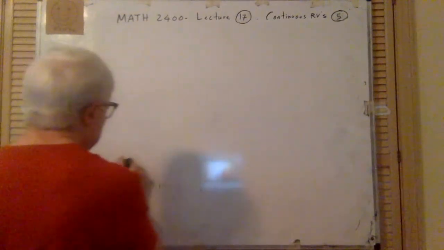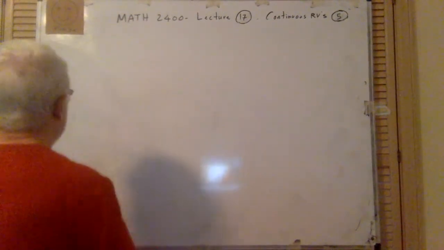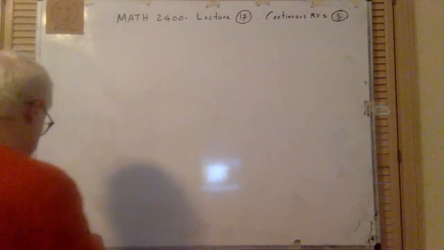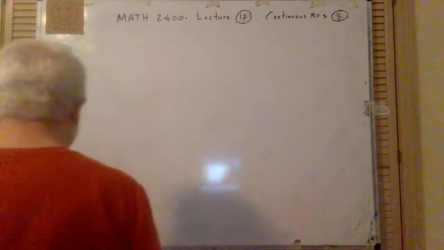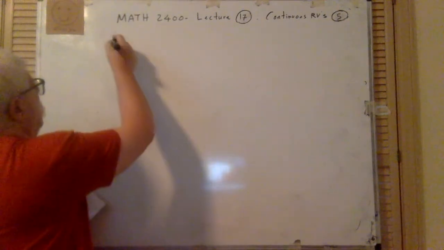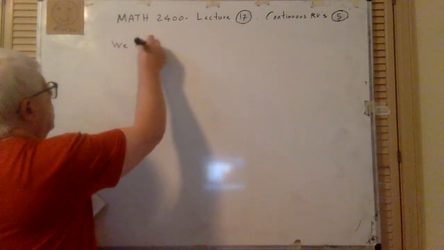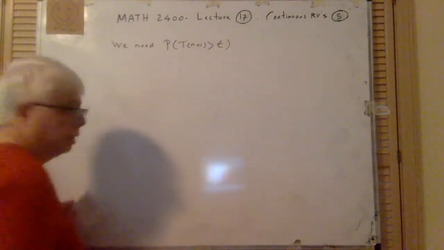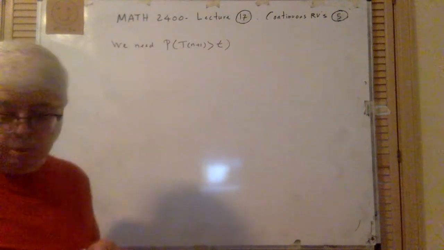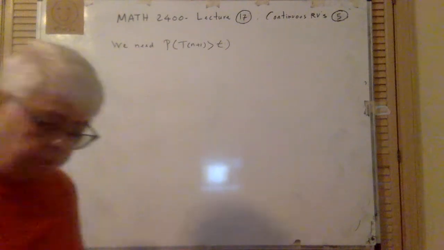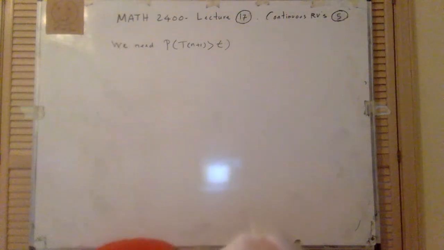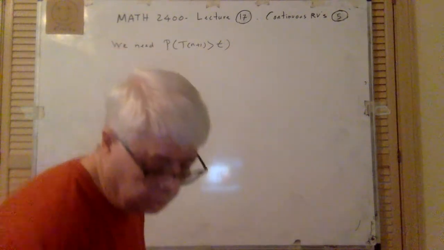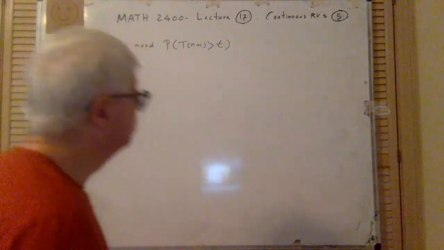We need P of Tn plus 1 bigger than t. If we find this, then we can find the CDF, and find its derivative, and that is our solution, right? That's the PDF. So let's see.